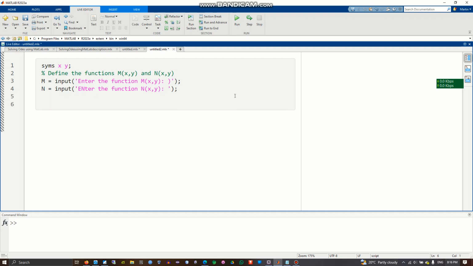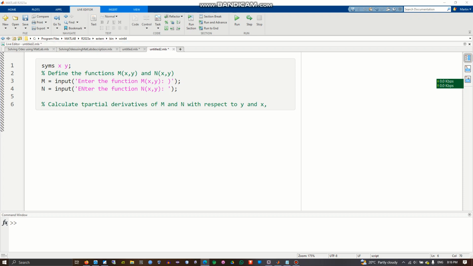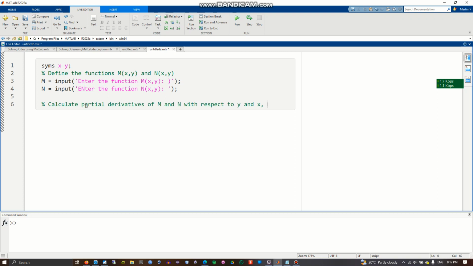Now what we need to do here is use the diff function for calculating the partial derivatives. So let's have a comment: we want to calculate partial derivatives of M and N with respect to y and x respectively.